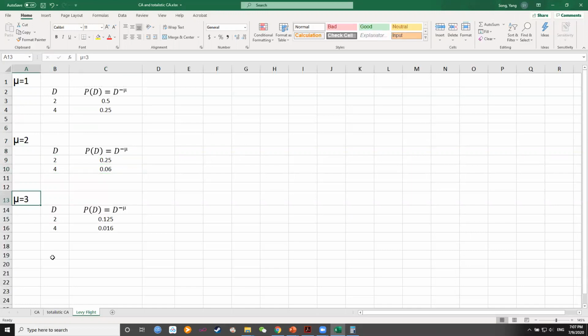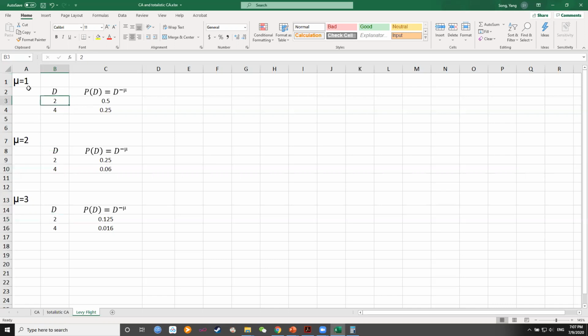If you change mu to 3, what's the probability of giving value 2 to a step? 0.125. What's the probability of giving 4 as a step length? 0.016.